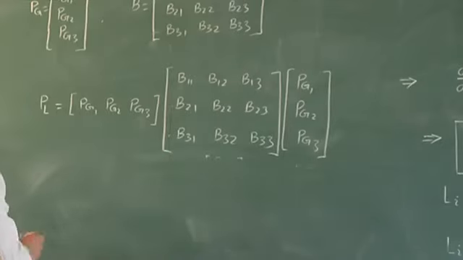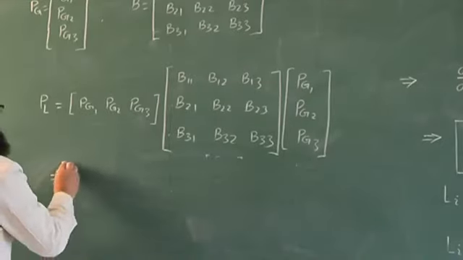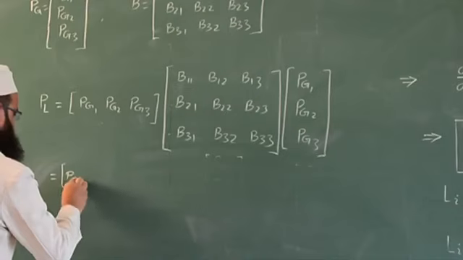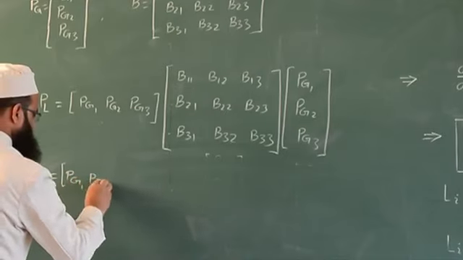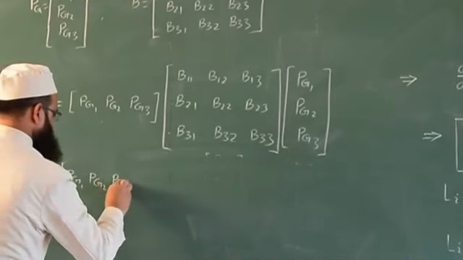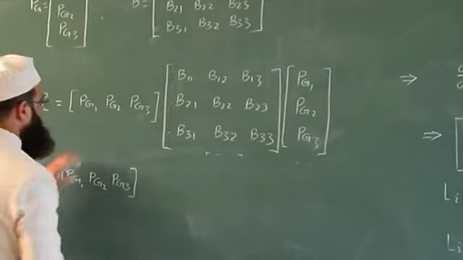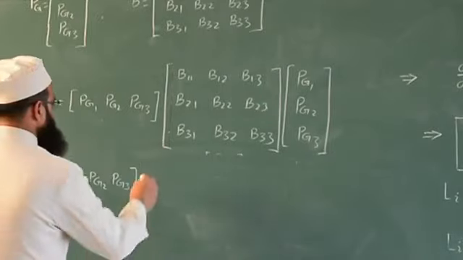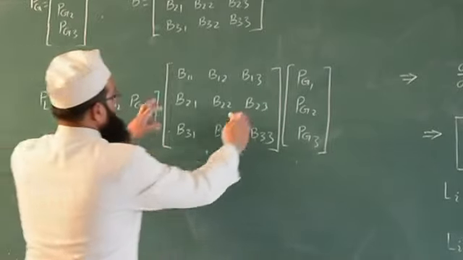So this is nothing but equal to PG1, PG2, PG3, and multiply this with this.